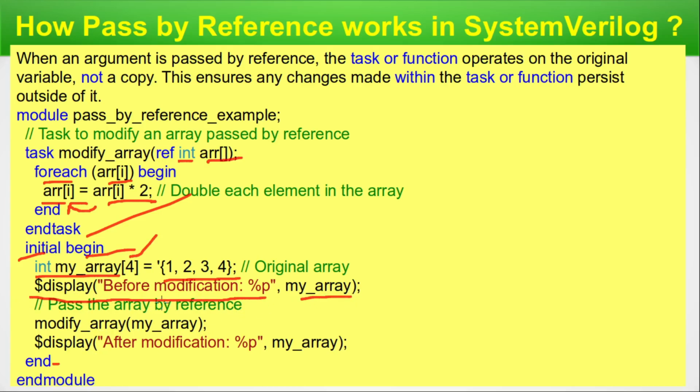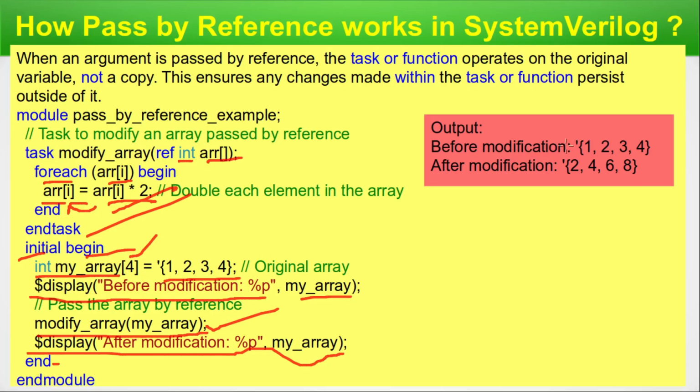Once the print is done, we move forward and call the task modify array, and each element is multiplied by 2. After that we again print this. Once we execute the code, we see this modification: before modification, the array contained 1, 2, 3, 4, and after modification, it contains 2, 4, 6, 8.